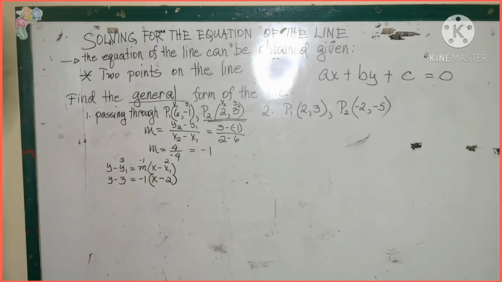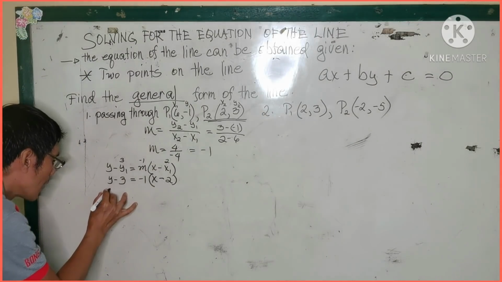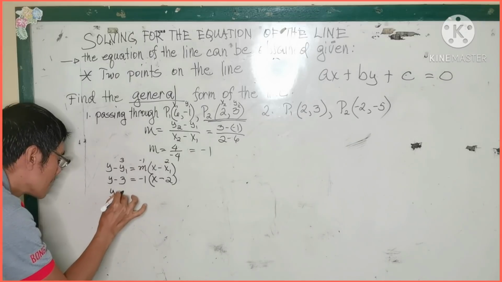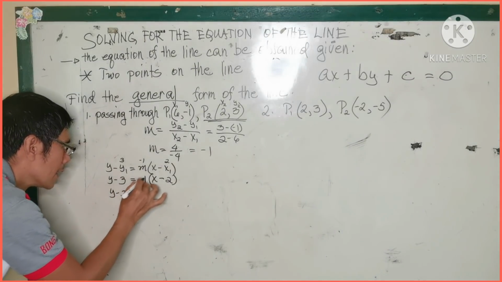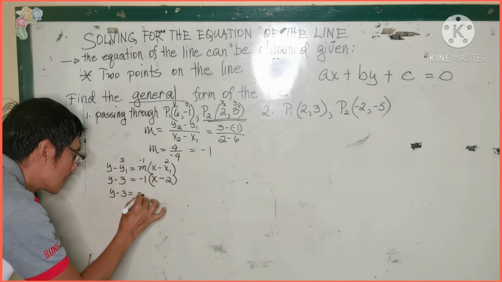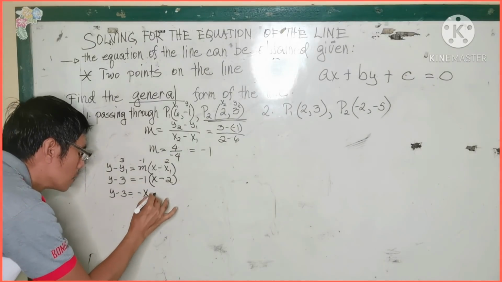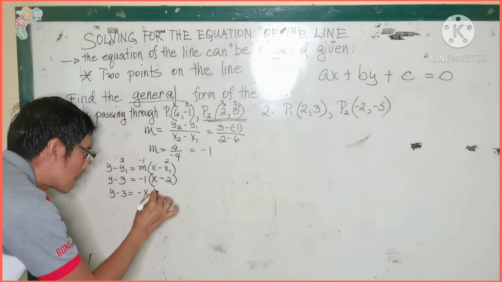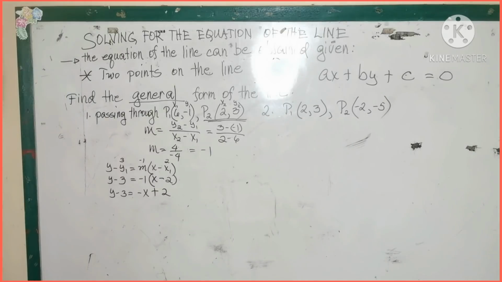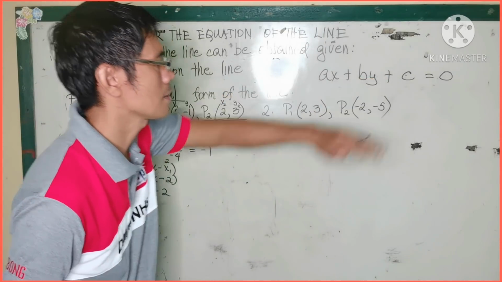There. So simplifying, we have y minus 3 equals negative 1 times x, negative 1 times negative 2, positive 2. Then we are going to write our answer on that form.